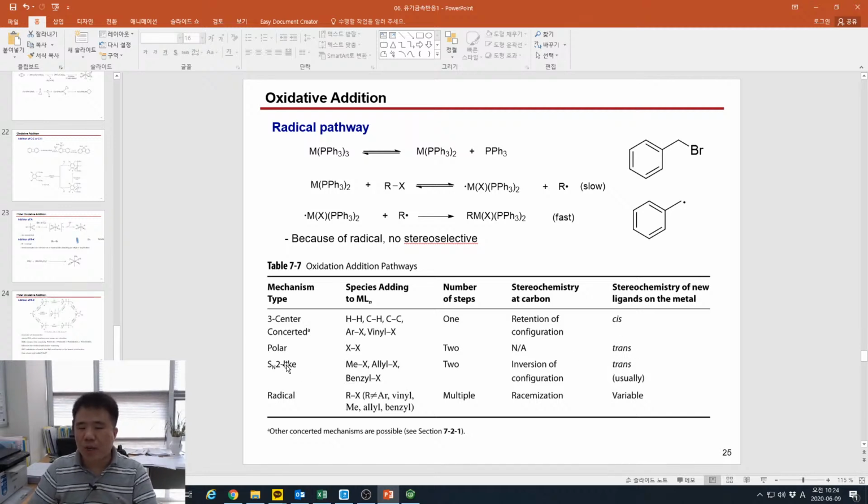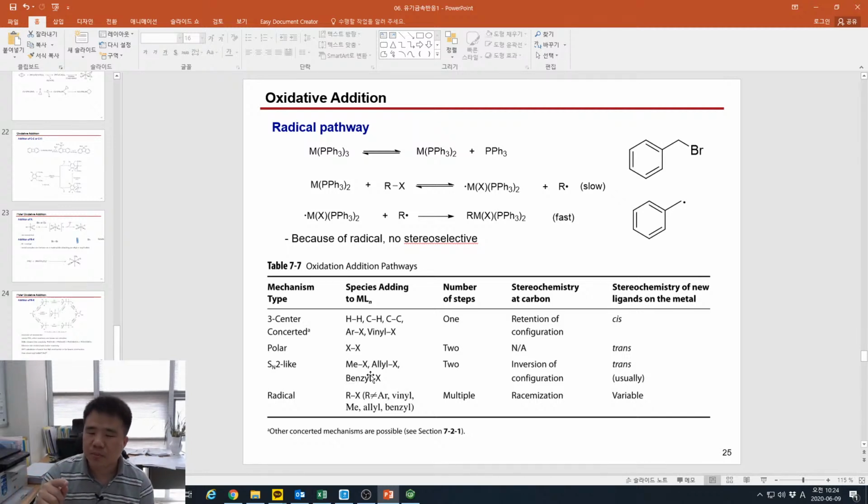How about SN2-like? In the case of methyl halide, allylic halide, or benzylic halide, we know that these primary alkyl halides are good electrophiles in SN2 reactions.